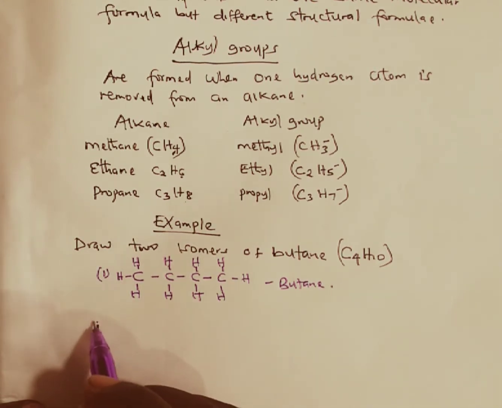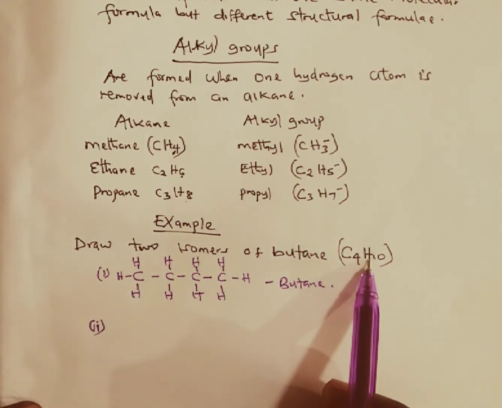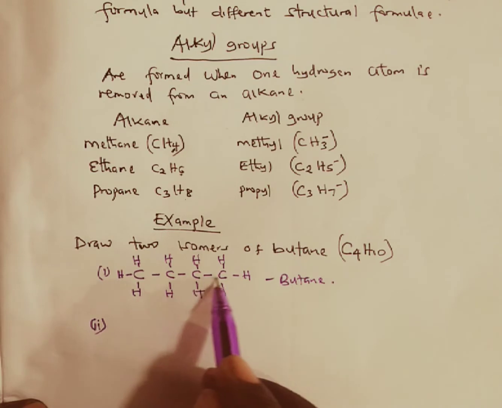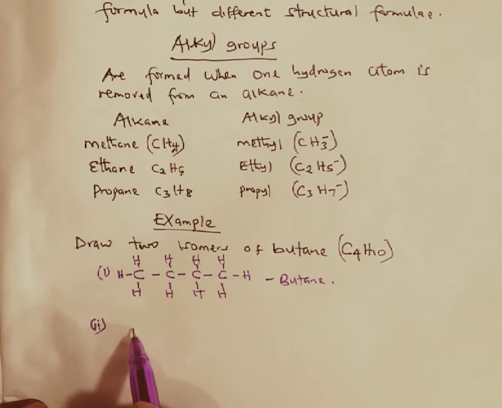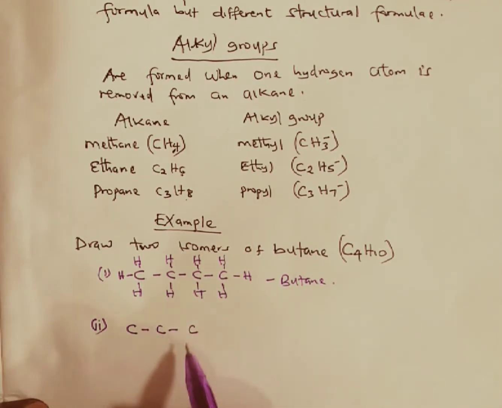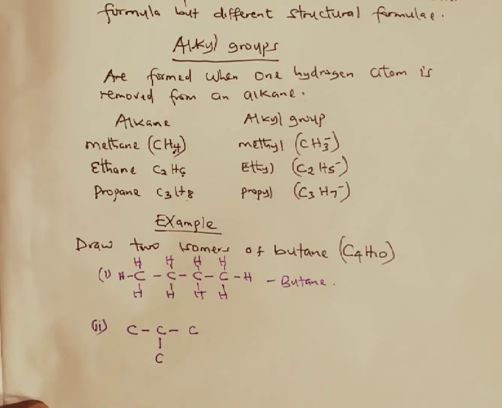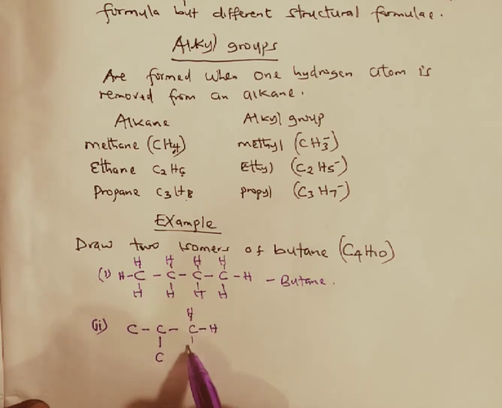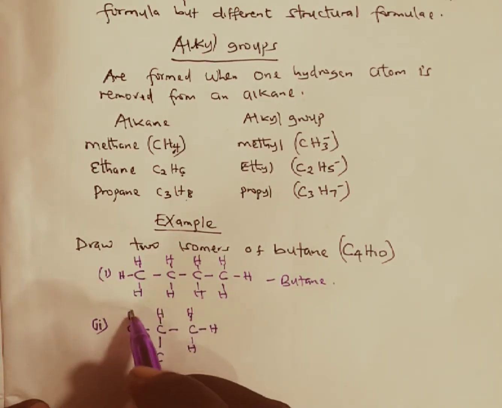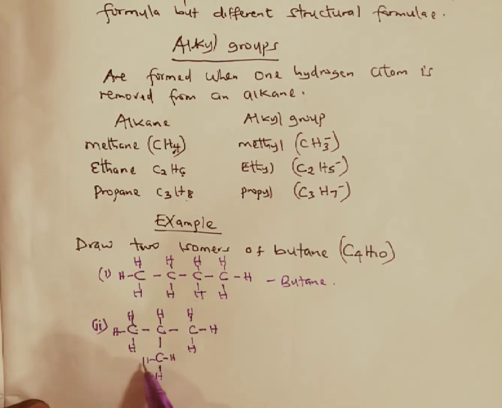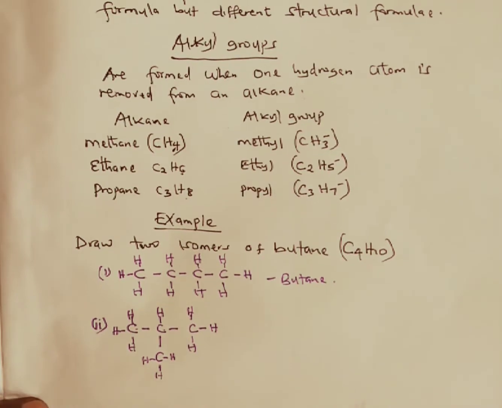Then now we need to form another compound with the same molecular formula, but now we change the structure. So instead of drawing all the 4 carbon atoms along that continuous chain, we can draw 3 along the straight line. Then we decide to place the 4th one here. If we feed the number of hydrogen atoms, we are going to have 4 carbon atoms and 10 hydrogen atoms.